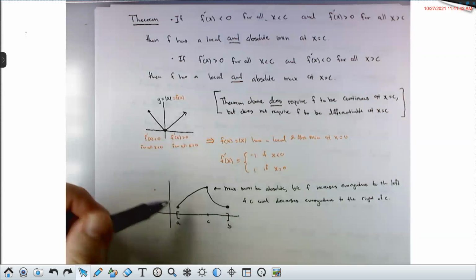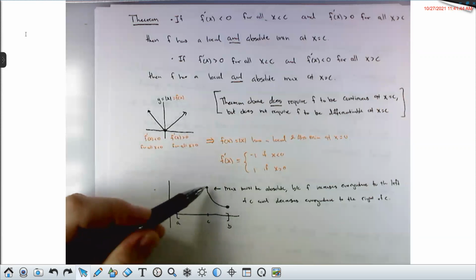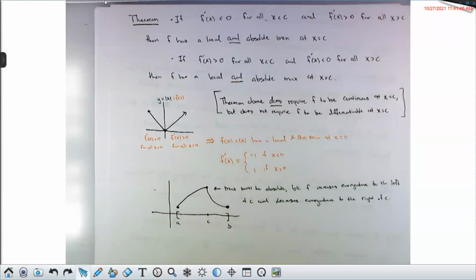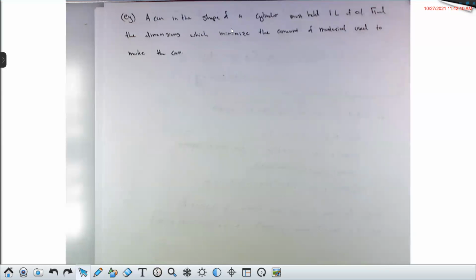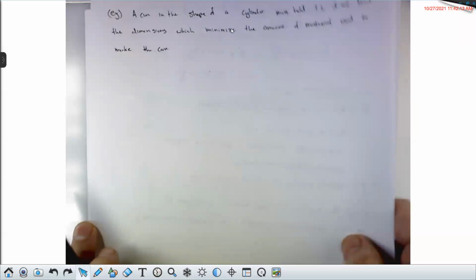But remember, we want this function to be differentiable everywhere except at C. The function doesn't need to be differentiable at C itself, but f prime needs to be negative for all x less than C, which means we need to be differentiable on the interval from A up to C, not including C, and from C up to B, not including C. So because you have to be differentiable everywhere over here, I couldn't have a point up there. If we relax the hypotheses of this theorem a little bit, we can break it. But as stated, it is true.